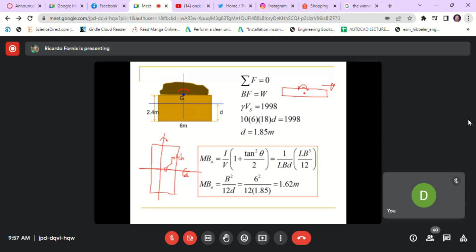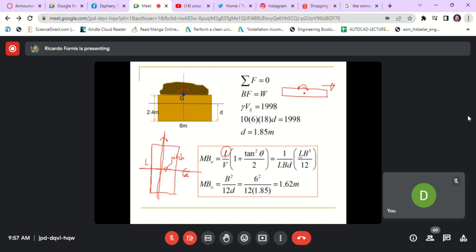Meaning, the moment of inertia is calculated as the base. The base is always the dimension parallel to the axis. So the L will now serve as the base, because this is the axis of reference in calculating the I. I hope that's clear.